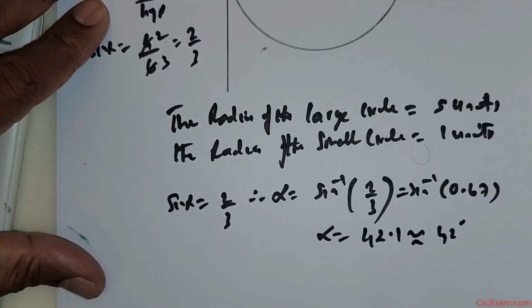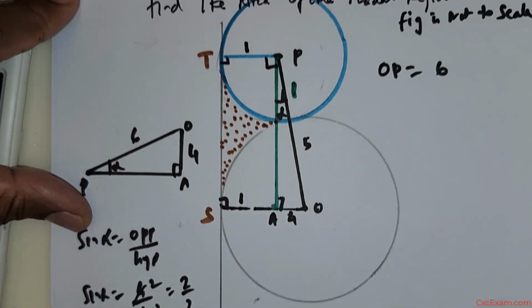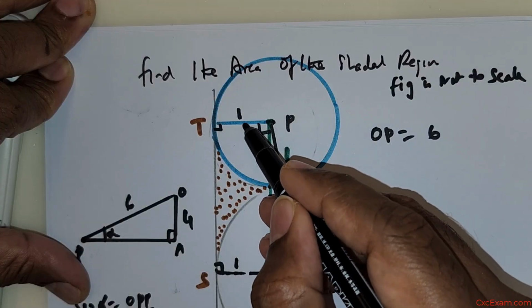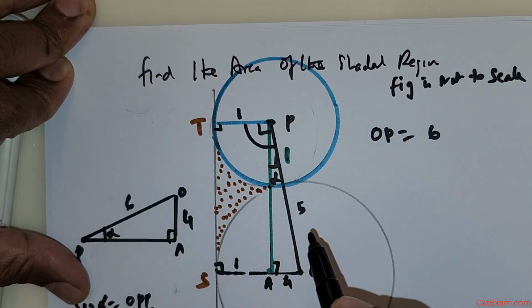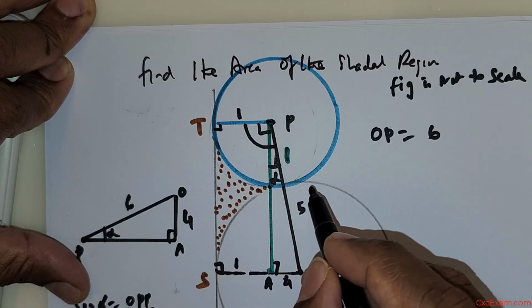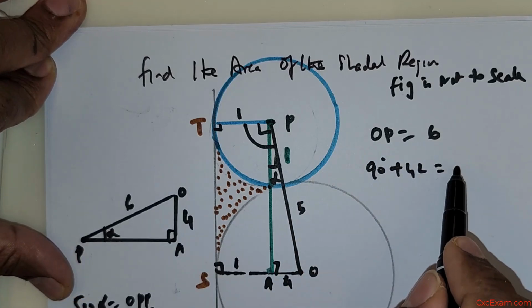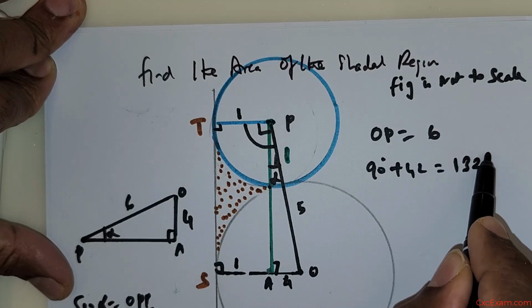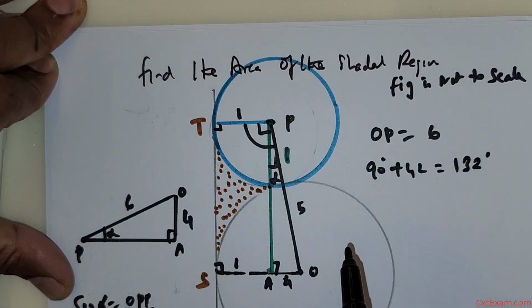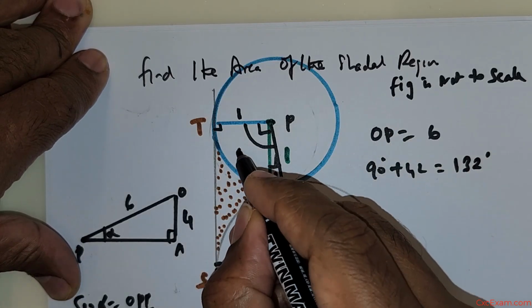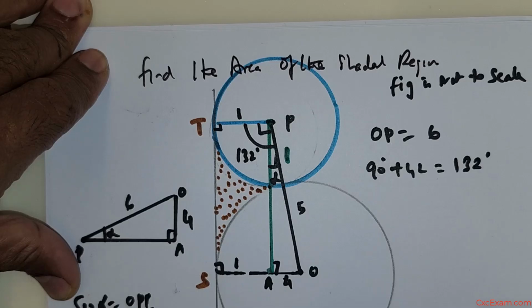Okay, so that means this entire sector is going to be 90 degrees plus 42. That is going to be 132 degrees. Now you might be asking me, why do we need this sector angle 132 degrees?